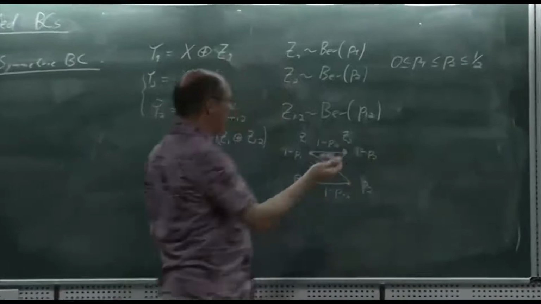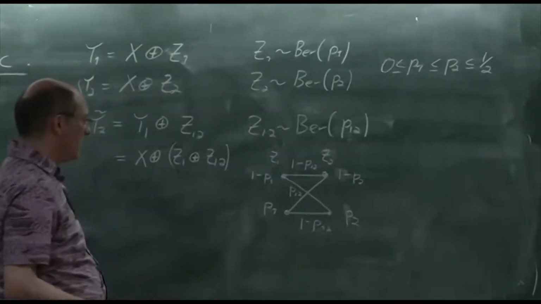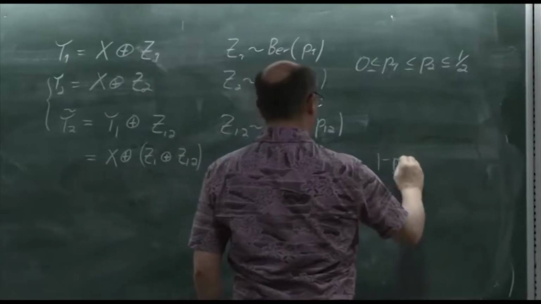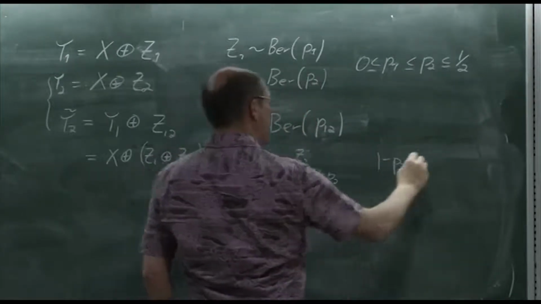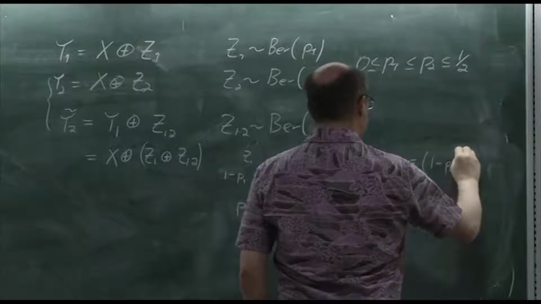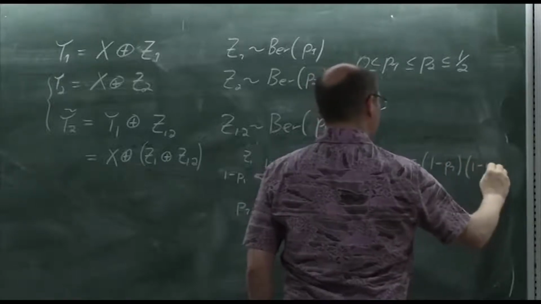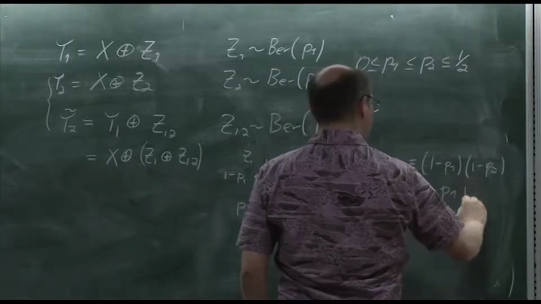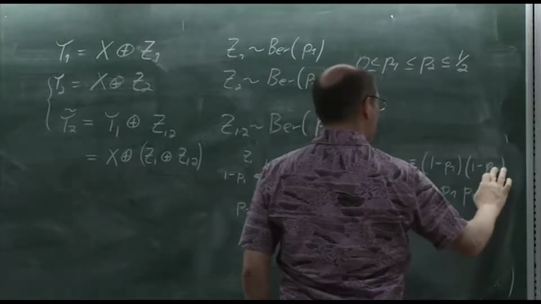I think you know that works, but we can see what the equations are. We can write 1 minus p2 is 1 minus p1 times 1 minus p12, plus p1 times p12. This should have been 1, 2, sorry.